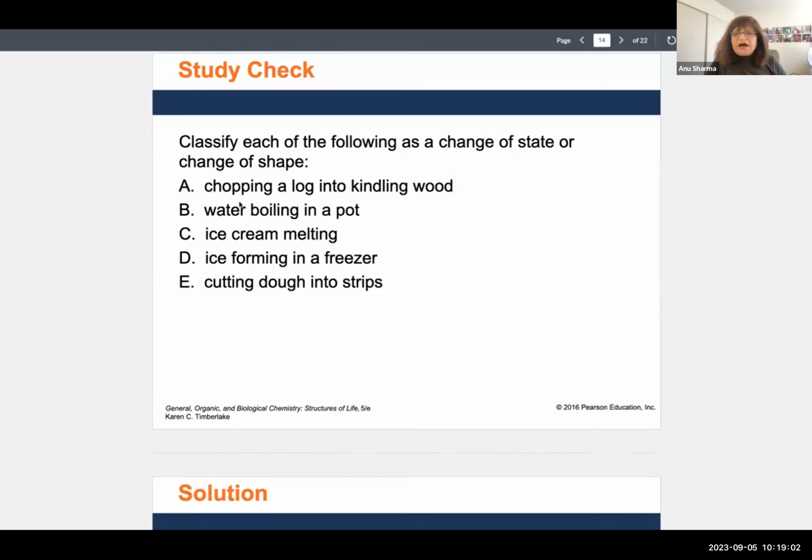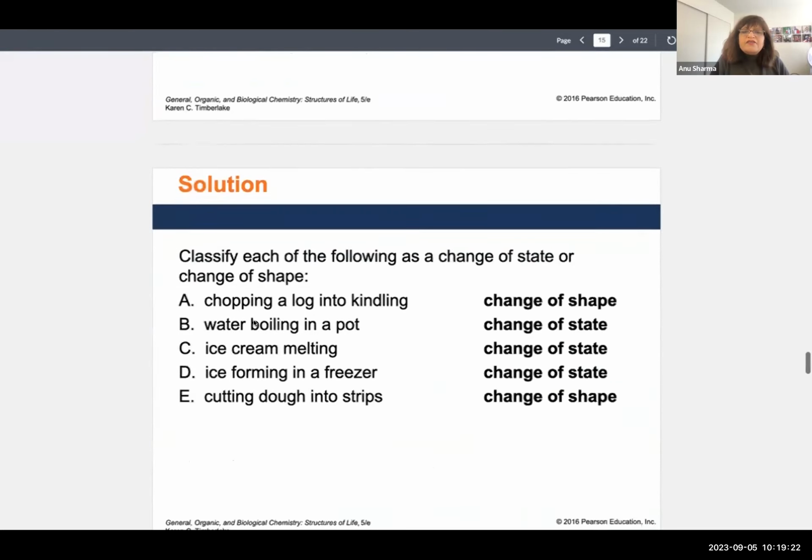Yes, state. Ice forming in a freezer, state or shape? State, right? Liquid to a solid. Cutting dough into strips. Very good. Shape. Okay, very good.